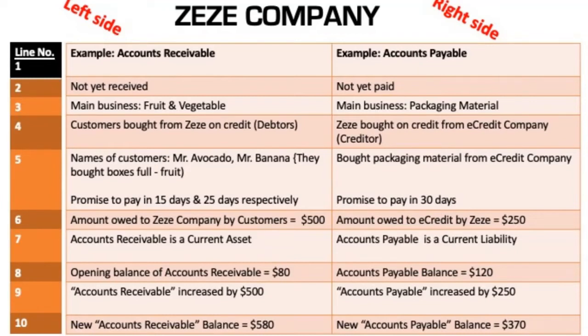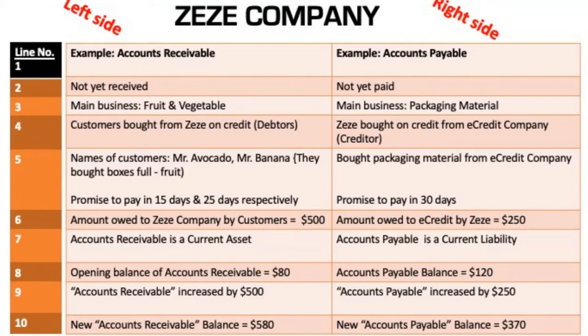This money has not yet been received by the company, but the company has the hope that they will get it according to their contract, according to the promise they have made to Zeze Company. Whether Zeze Company will get it in 5 days, 30 days, or whatsoever period of time, Zeze Company has the hope that it will receive that money. And I'm saying hope because something else also can happen. But for now, let's focus on what is good.